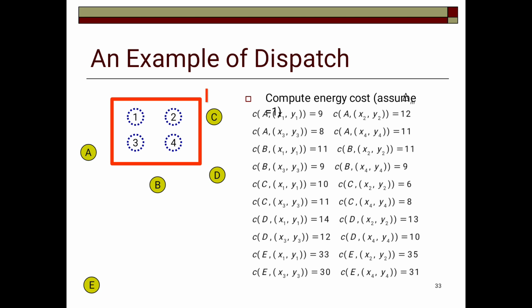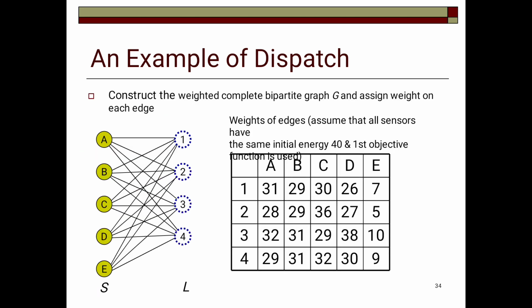A of x4, y4 is 11. Like that. And construct the weighted complete bipartite graph G and assign weight on each edge.